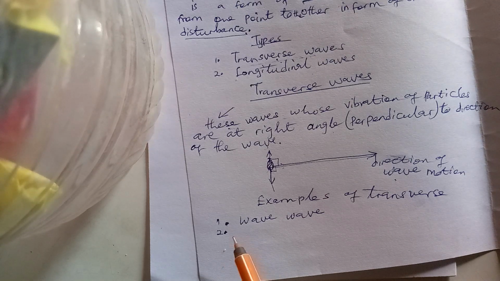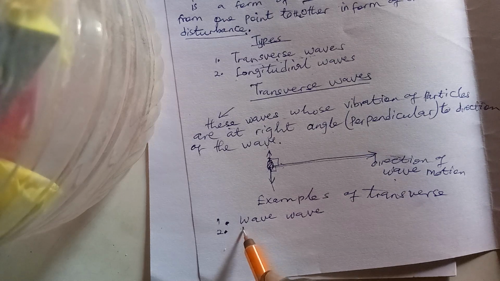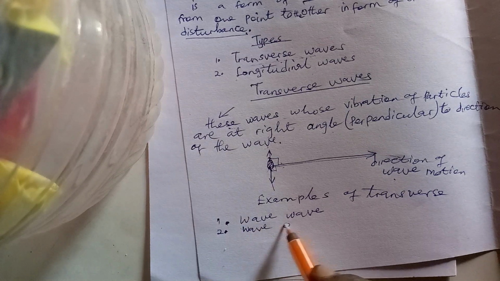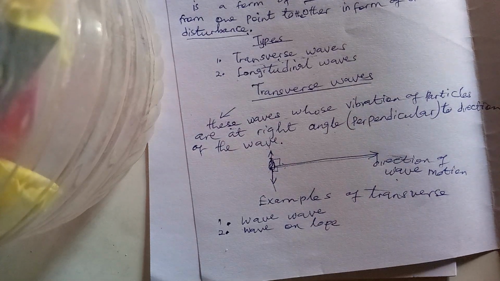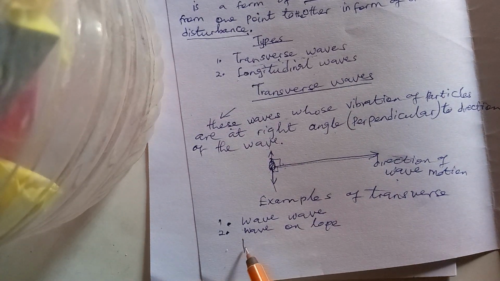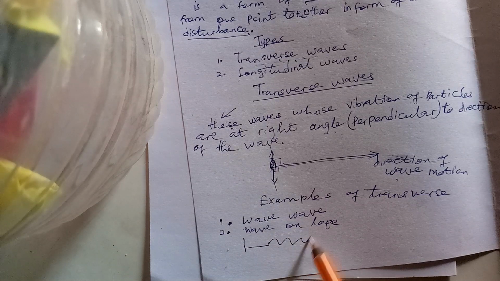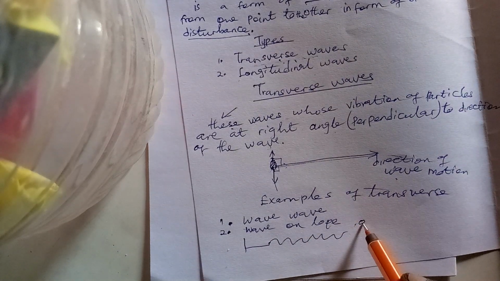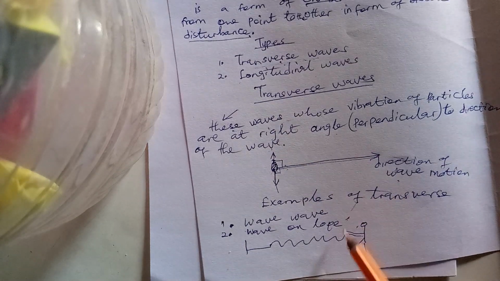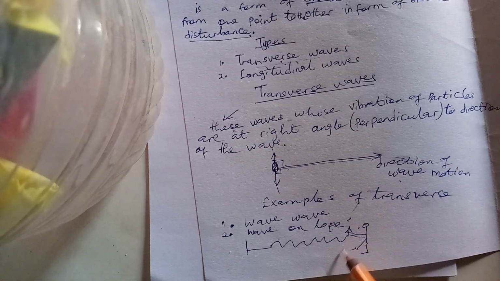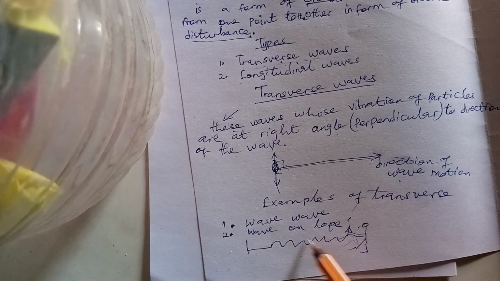Another example of a transverse wave is a wave on a loop. For instance, if someone is playing with a loop and pushing it up, then you see such waves appearing.